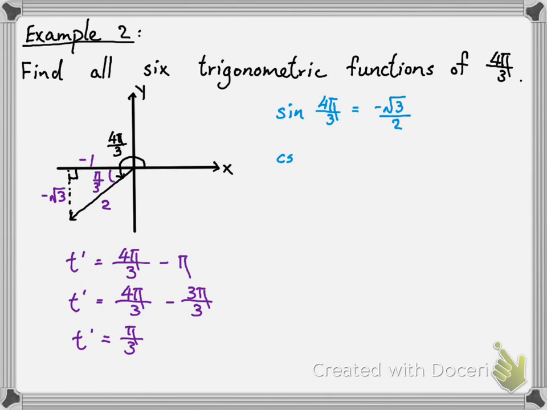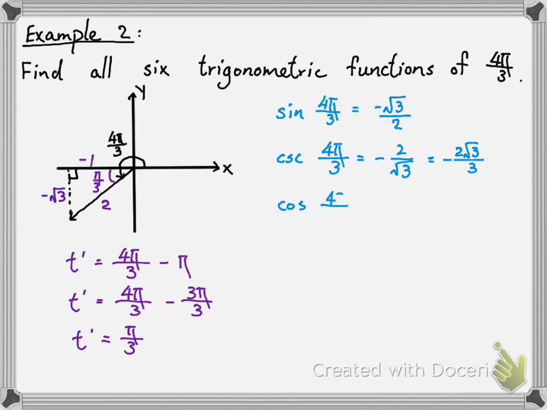So its reciprocal function, cosecant, equals negative 2 over square root of 3. We need to rationalize the denominator by multiplying square root of 3 to both numerator and denominator. Therefore, cosecant of 4π/3 equals negative 2 square root of 3 over 3.